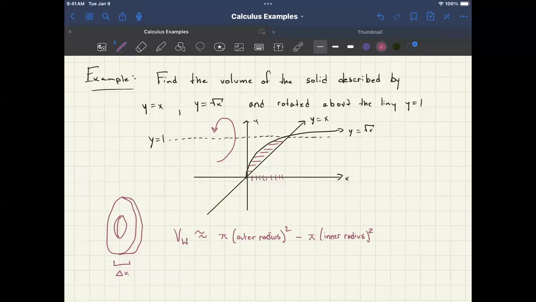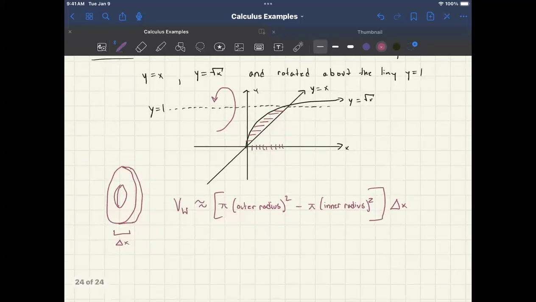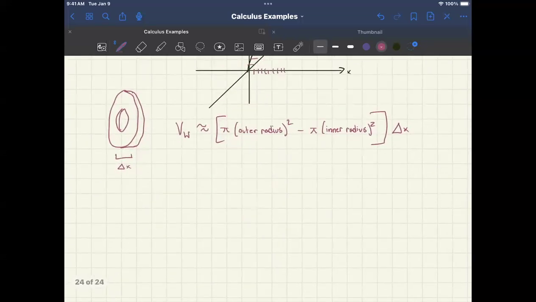To make sure that this has a volume, notice we also have this change of x. That's going to give us just that little bit of depth. So we multiply by change of x, and that is what's going to give us our volume when we put this all together. There's two pieces of information that we need here: the first is the outer radius, and the second is the inner radius.